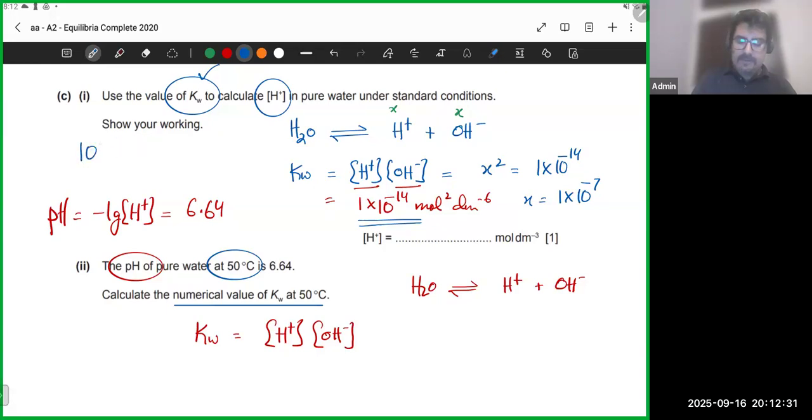So for example, if you have 10 power minus 3 mole per dm cube, the concentration of H plus ions, pH will come out to be 3. If you take the negative log, it's going to come out to be 3. I told you that you take log because log expresses the numbers in whole numbers. It's easier to make graphs.